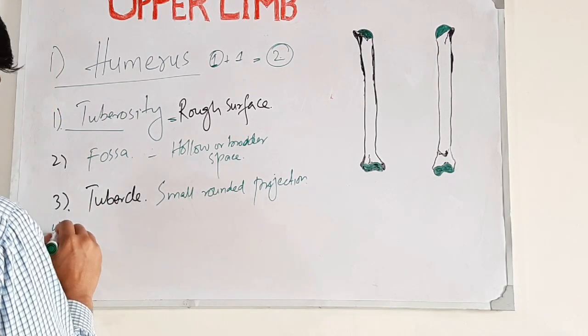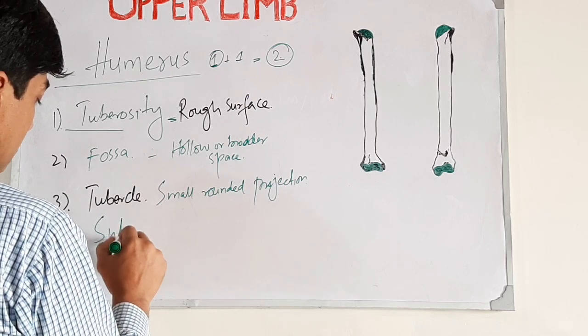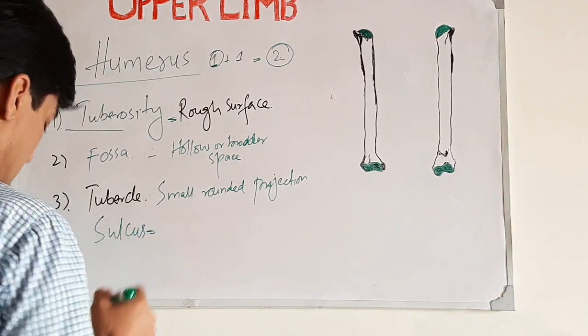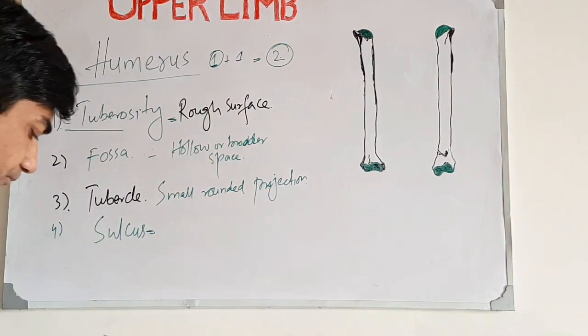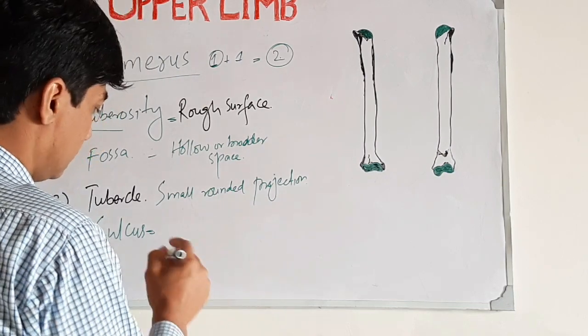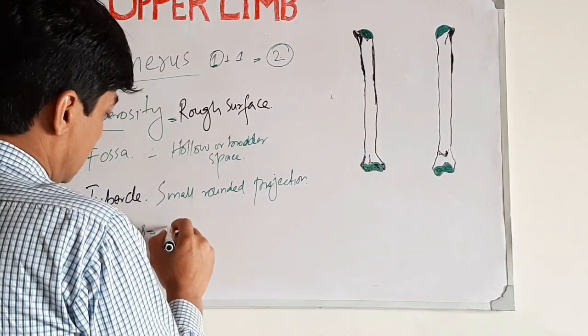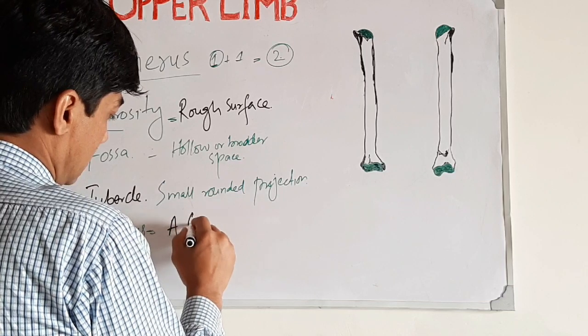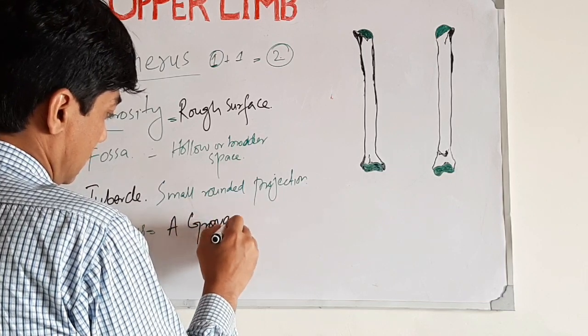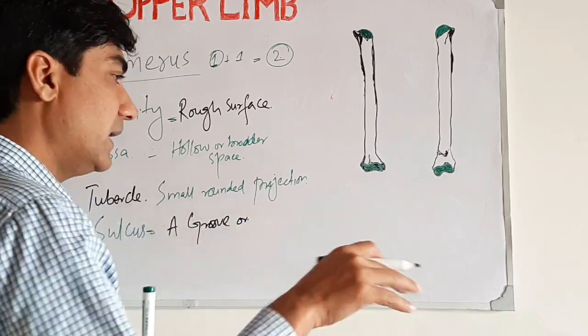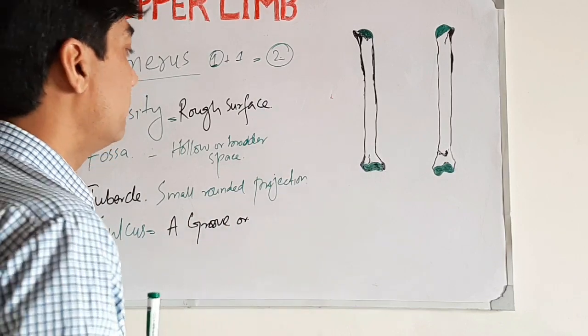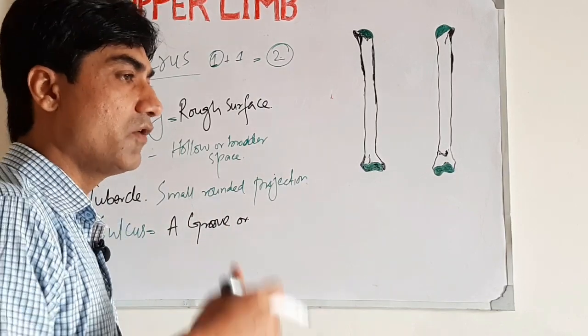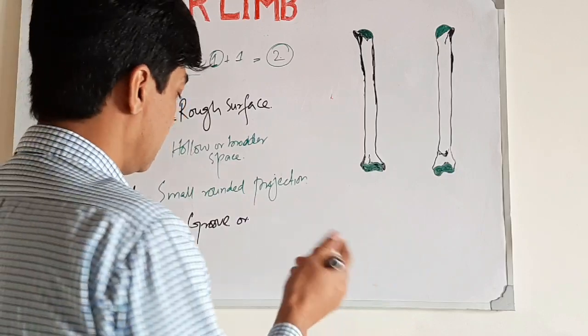And fourth is sulcus, a groove or line in any bone which is the passage for a nerve, blood vessel or tendon.